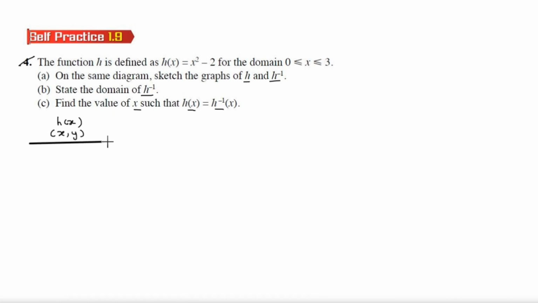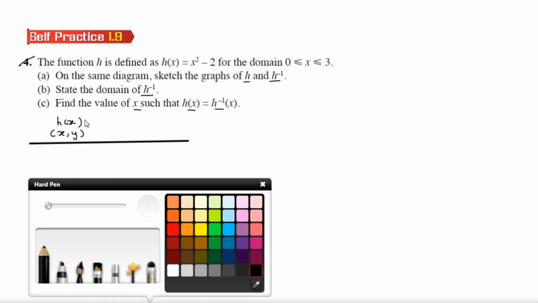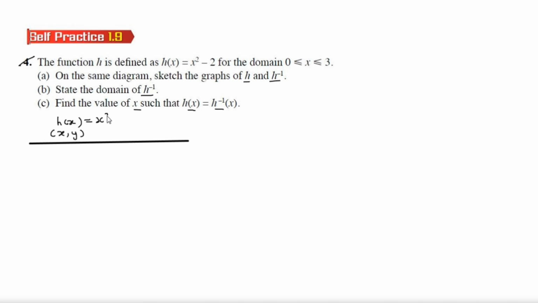So let's form a simple table. Okay, h(x) is equal to x squared minus 2. So how to get those points? First, you look at the domain. The x is from 0 to 3.